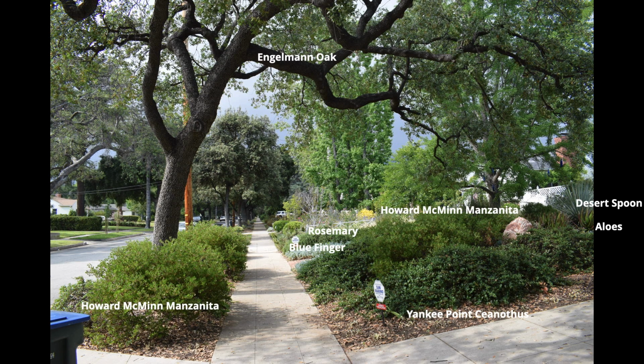And so here's an example of a relatively simple landscape that I absolutely love, with a big oak tree as a street tree, a small manzanita that's pruned to stay a little bit small as the one other plant along the parkway.